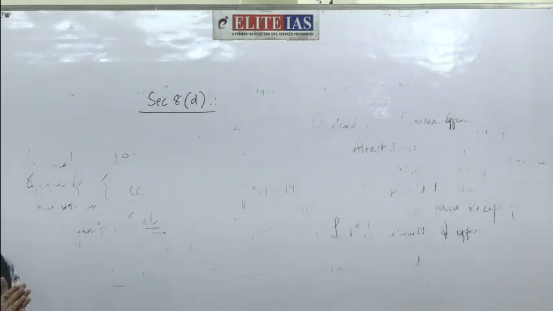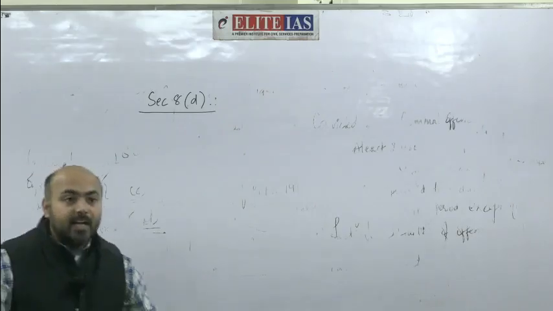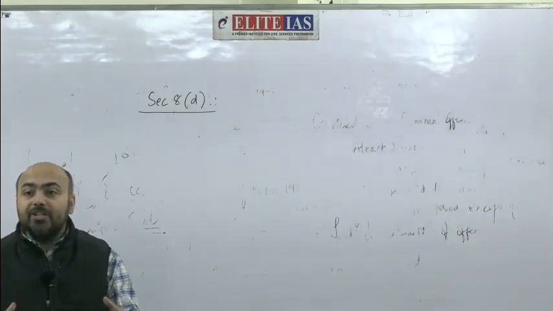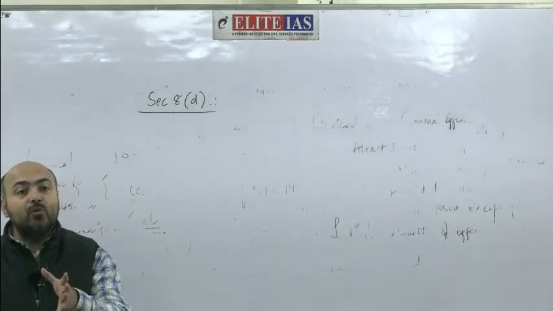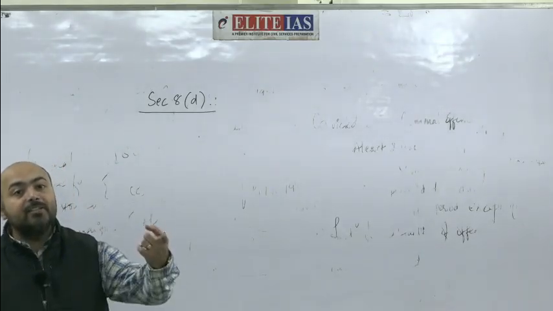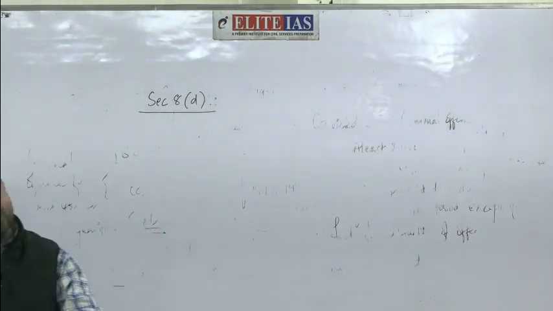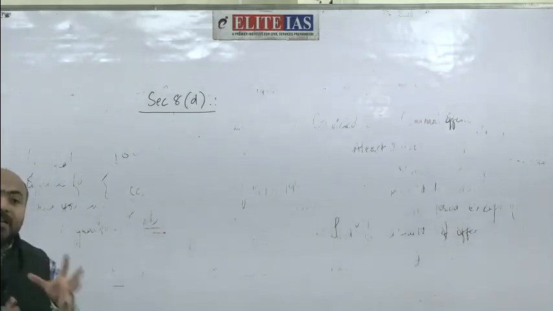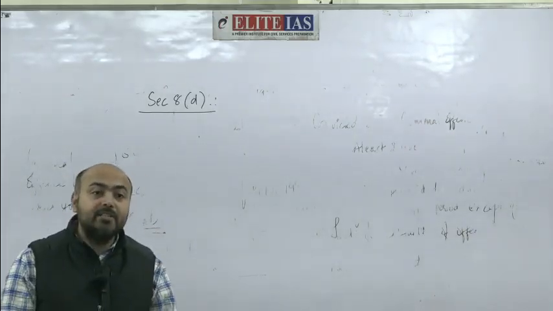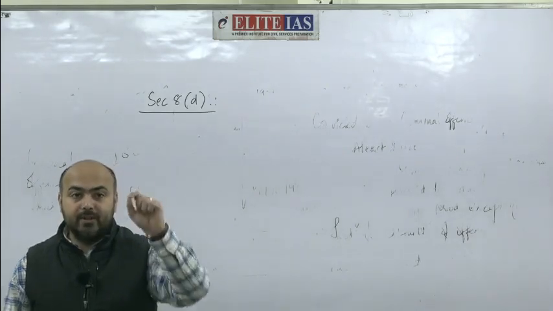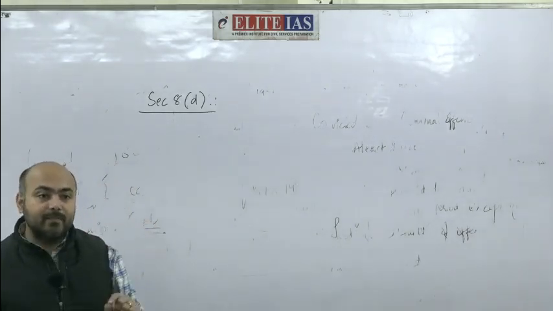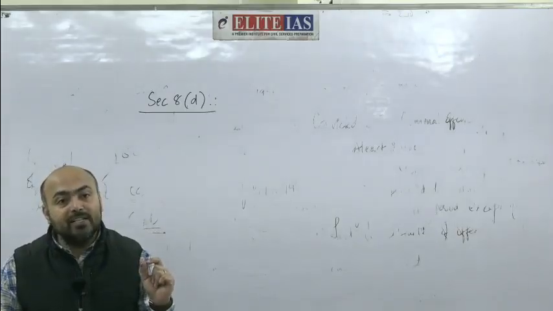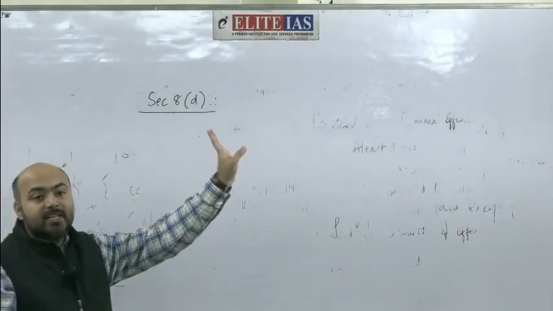So the provision in section 8 clause D differentiated between an individual who was contesting elections and an individual who has already been elected to the house. An individual who is contesting elections, if he is found guilty of a criminal offence and has to serve a sentence of at least 2 years, is automatically disqualified.